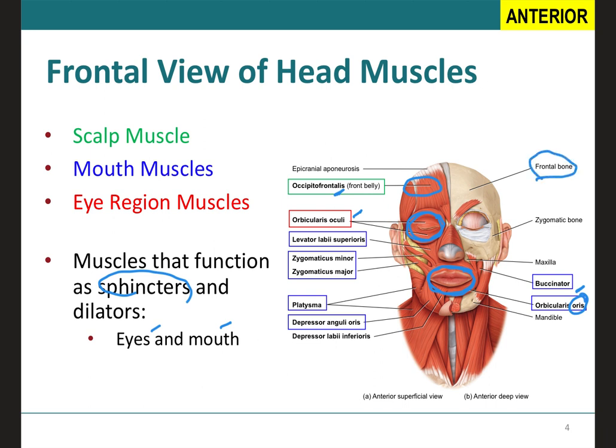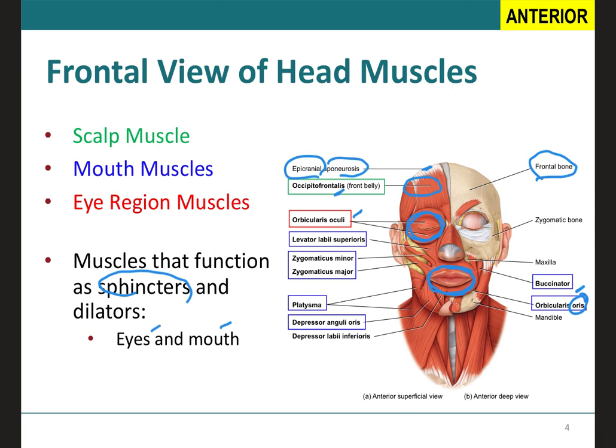And the posterior part is called the occipital belly of the occipitofrontalis, or the occipitalis, which is superficial to the occipital bone. These two muscular portions are held together by a strong aponeurosis called the epicranial aponeurosis, which is this sheet-like tendon located on top of the cranium.